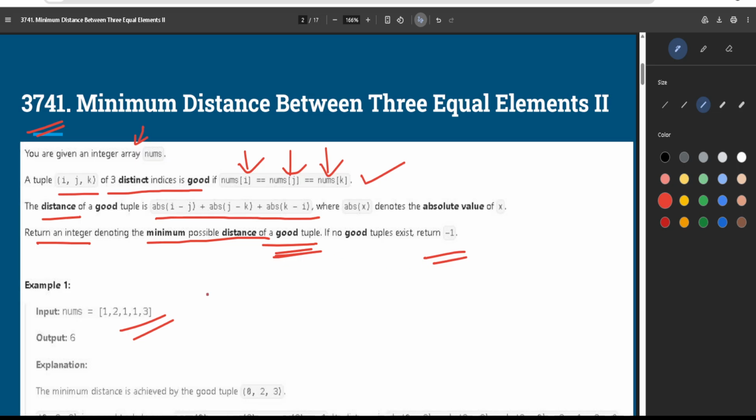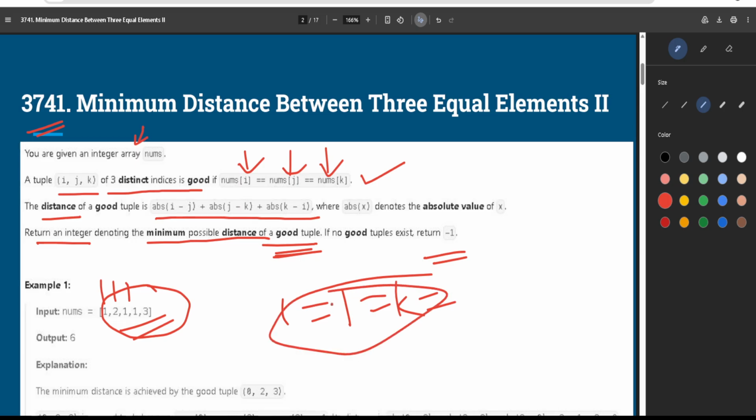I hope you understand. First, we are given this array. Then we have to pick three indices out of it, and check that the values at i, j and k are all equal.